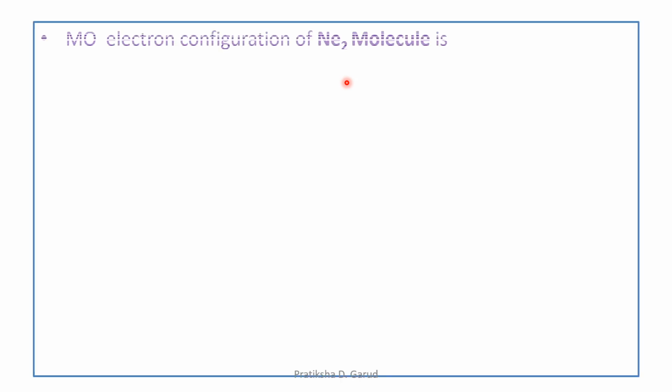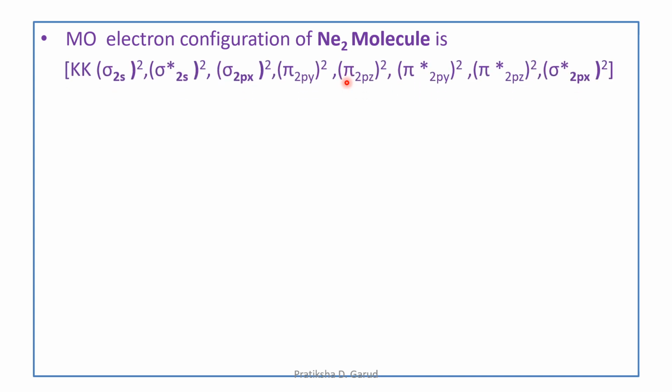So the MO electronic configuration of the neon molecule is this one that we have seen: KK sigma 2s2, sigma asterisk 2s2, sigma 2px2, pi 2py2, pi 2pz2, pi asterisk 2py2, pi asterisk 2pz2, and finally sigma asterisk 2px2.